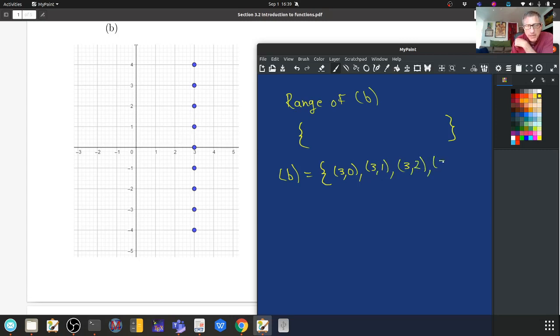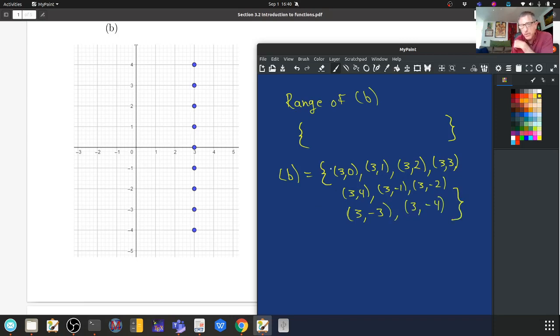And then I have 3, 3 and a 3, 4. But I've not got them all. Down here the x value is still 3, but the y value is minus 1, and so on down to 3, minus 4. So here is my end set.